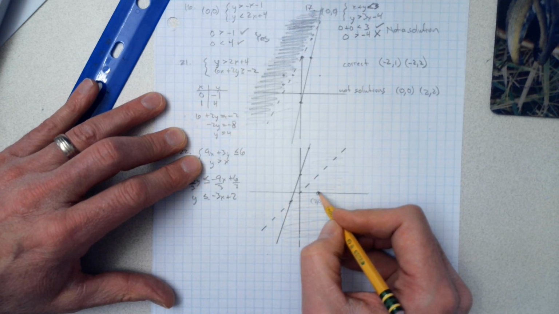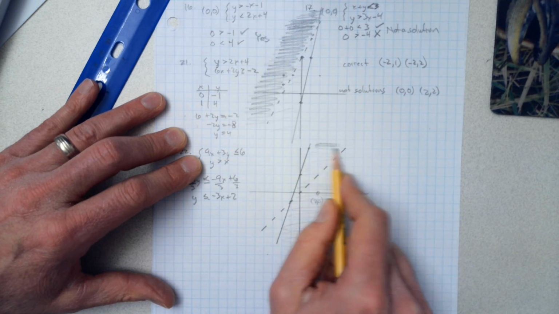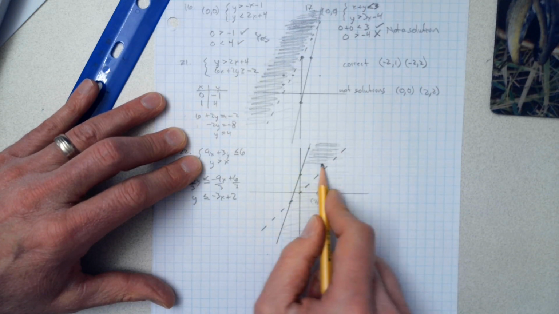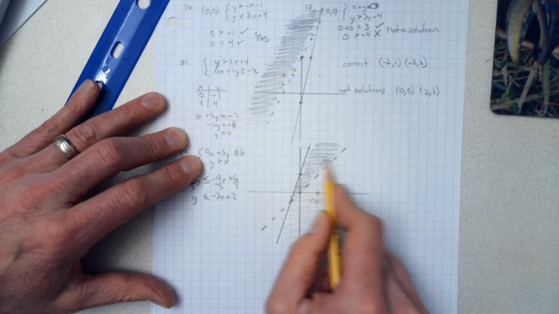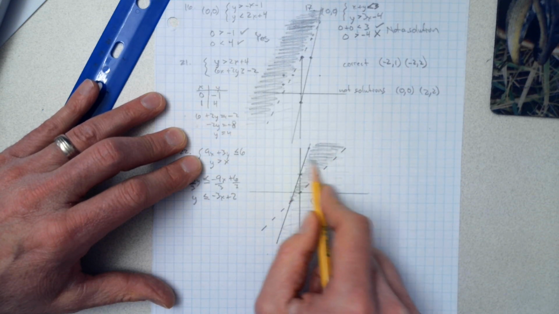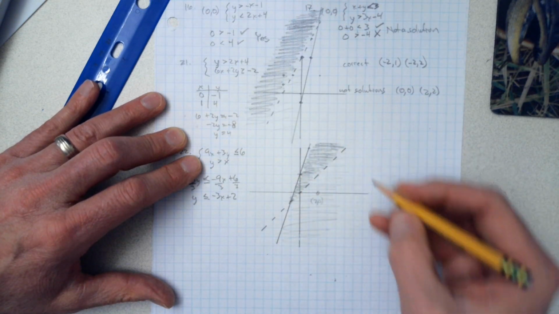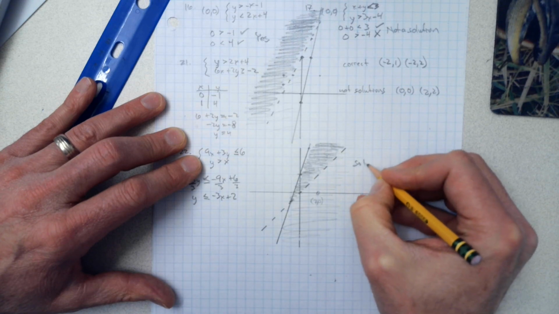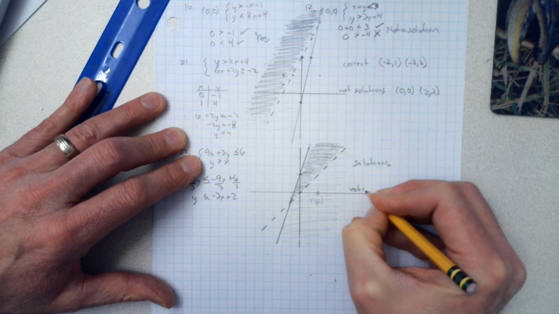So I should not be shading on that side of the dotted line. I should be shading on this side of the dotted line, which is going to overlap with that other one. And this is going to be where my good answers are.